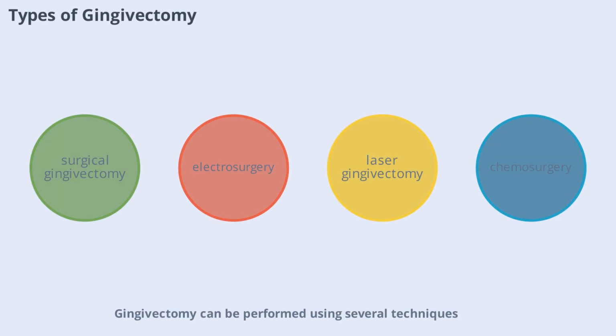Gingivectomy can be performed using several techniques, each suited to specific clinical scenarios. The main types include surgical gingivectomy, gingivectomy by electrosurgery, laser gingivectomy, and chemosurgery. Surgical gingivectomy is the traditional method, involving manual excision with specialized instruments.